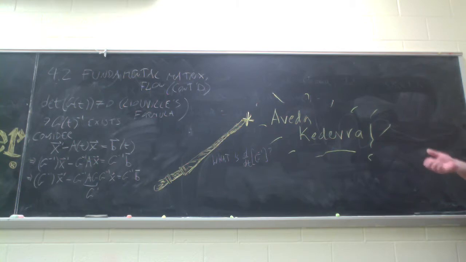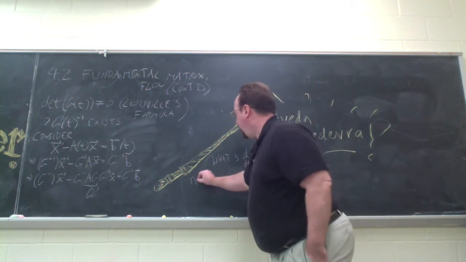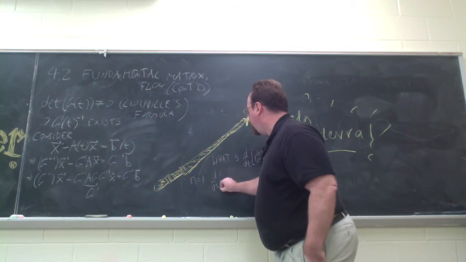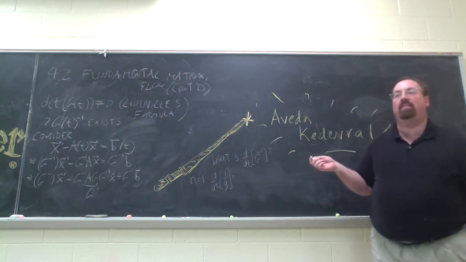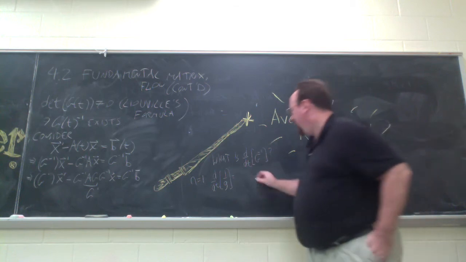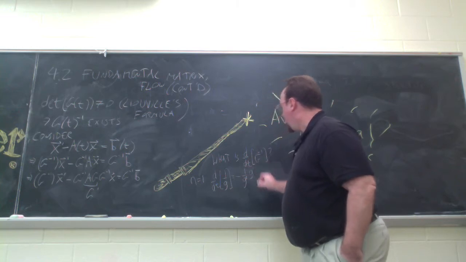Because if you know the derivative of G, what about the derivative of the inverse? Well, in the n equals 1 case, so we're just doing a plain old function rather than a matrix, what's the derivative of 1 over x? Yeah, minus 1 over g squared times g prime.